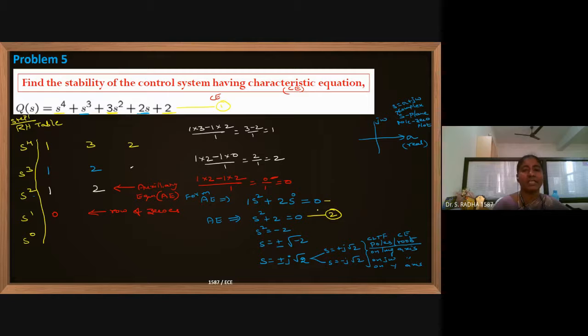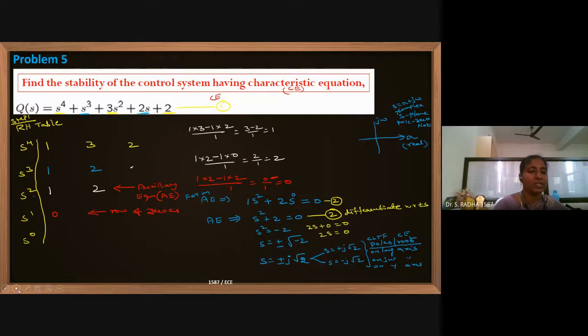I will differentiate the auxiliary equation with respect to S, d by ds. If you differentiate, this becomes 2S plus 0 equal to 0, 2S equal to 0.